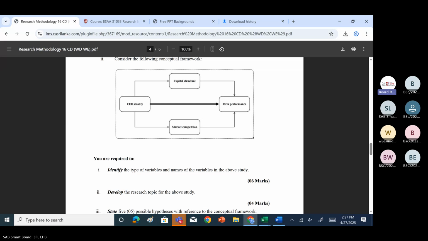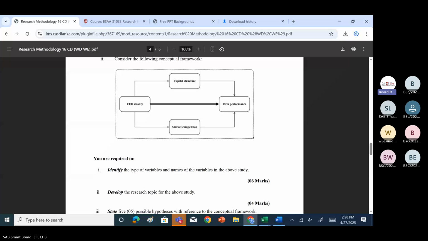So that is why it is mentioned here as a type of variable: type is independent, name is CEO duality. Then the other one, market competition, what is it? That is a moderator. So, second one, moderator variable, market competition. For the moderator variable, I am giving 1 mark, and for naming it, market competition, I am giving another mark.